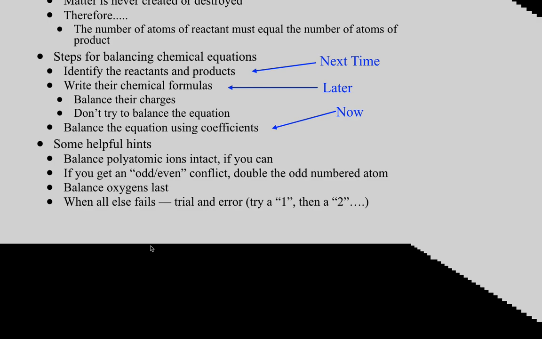Guys, following that, hint number 4, when all else fails, trial and error. Put a 1 in front of the very first substance. See if you can get it to balance. If you can't, erase everything. Put a 2. That doesn't work, erase everything. Put a 3. Eventually, you're going to get this to balance.